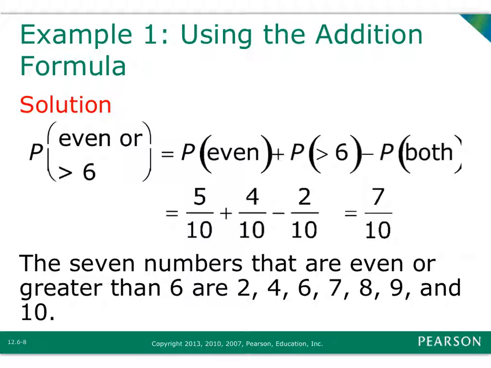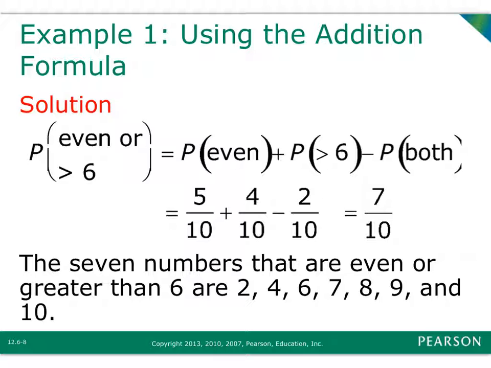Now we're going to plug in the actual numbers to find the probability of the event even or greater than 6, which equals the probability of even, which is 5 over 10, plus the probability of a number being greater than 6, which is 4 divided by 10. And now we're going to subtract out the overlap, which is both, which is 2 over 10.